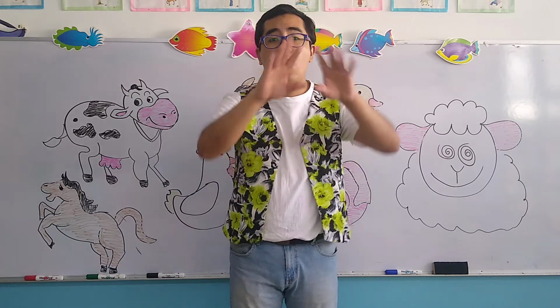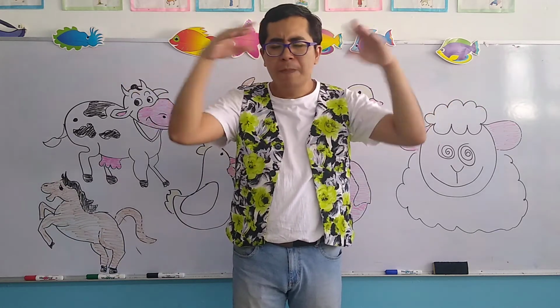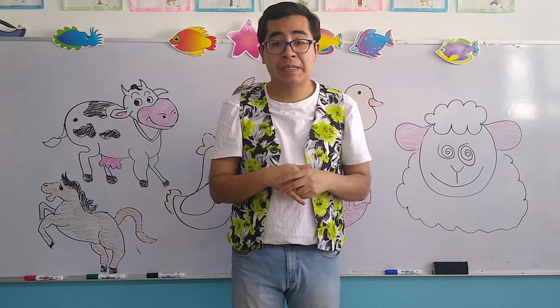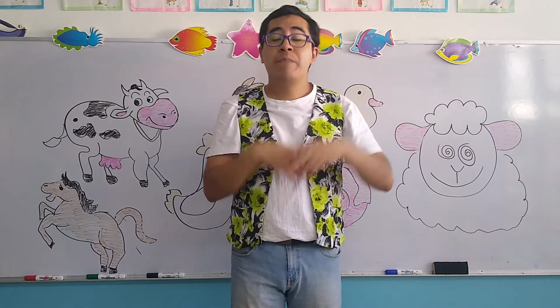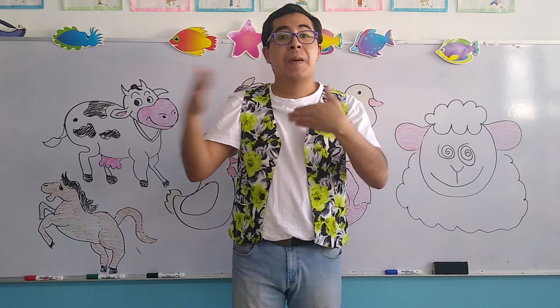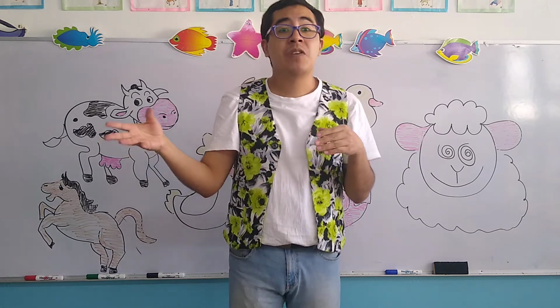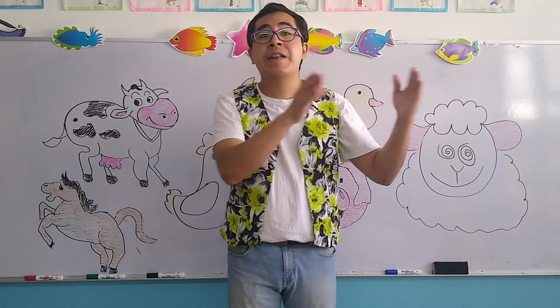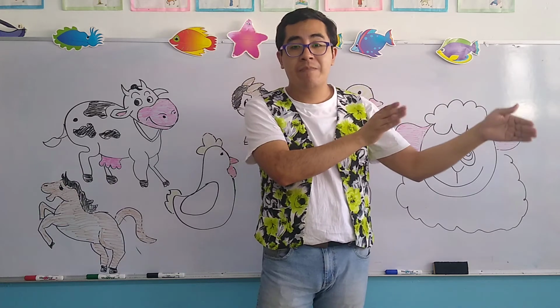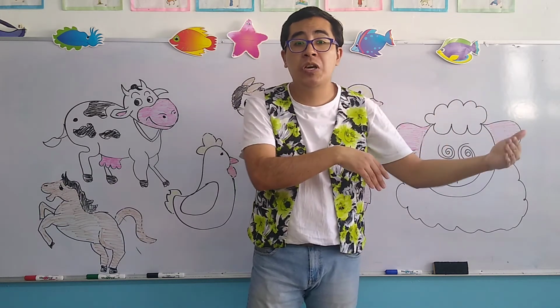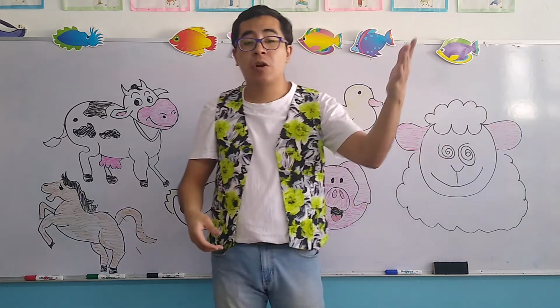Remember, my children, all animals in the world, recuerden que todos los animales que existen en el mundo belong to different families, pertenecen a diferentes familias. For example, there are animals of the sea, animales del mar, like the fishes, like the sharks, like the dolphins.